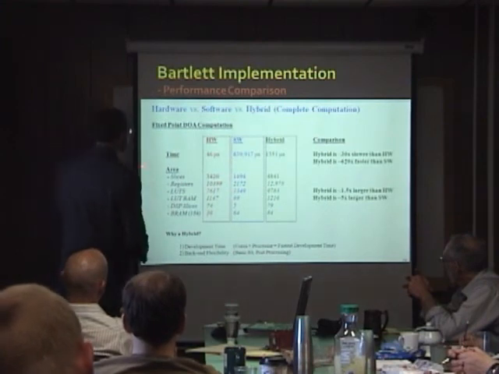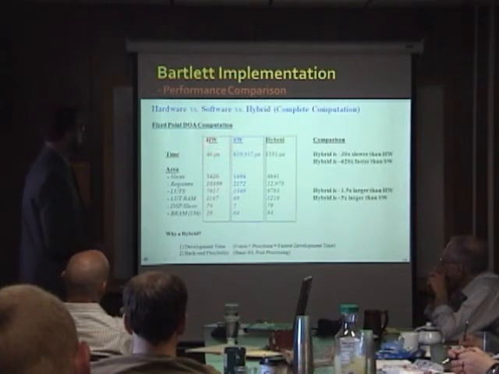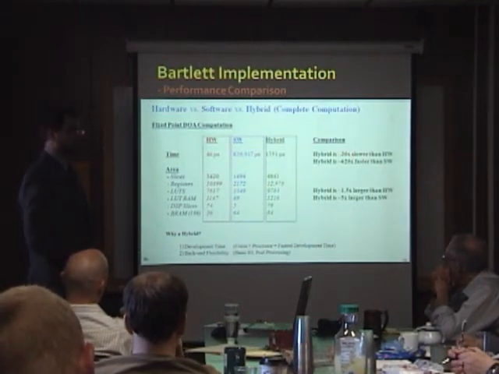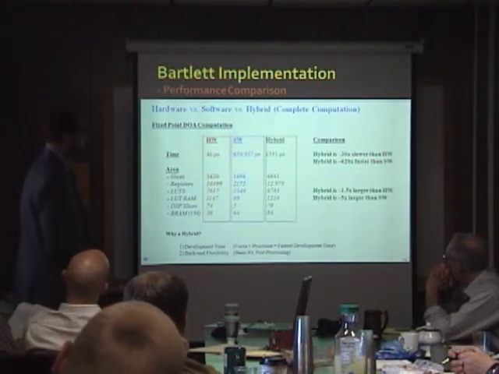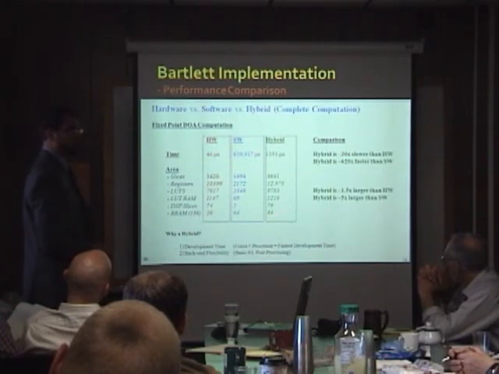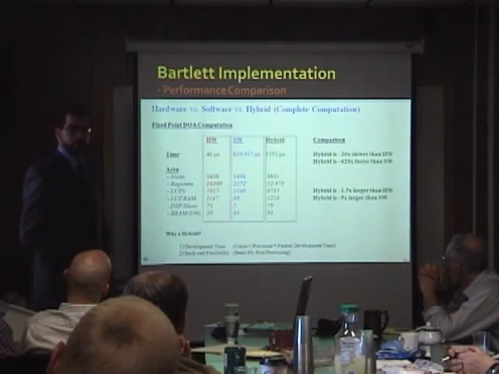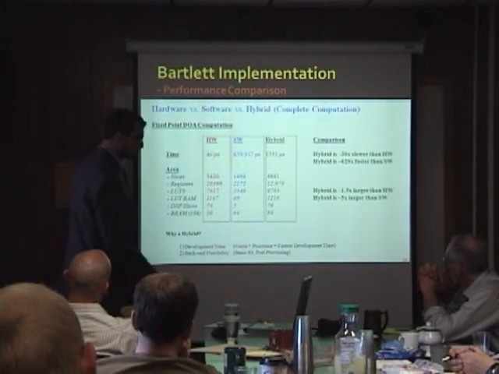So looking at the performance, the time needed to complete the DOA estimation in hardware is 46 microseconds, and in hybrid it's 1.3 milliseconds. So the hybrid is 30 times slower than the hardware, but it's 620 times faster than the software implementation. The hybrid system is larger than both the hardware and the software implementations because we needed to have a MicroBlaze as well as the other components needed to perform the FFT, DOA estimation and the frequency detection.